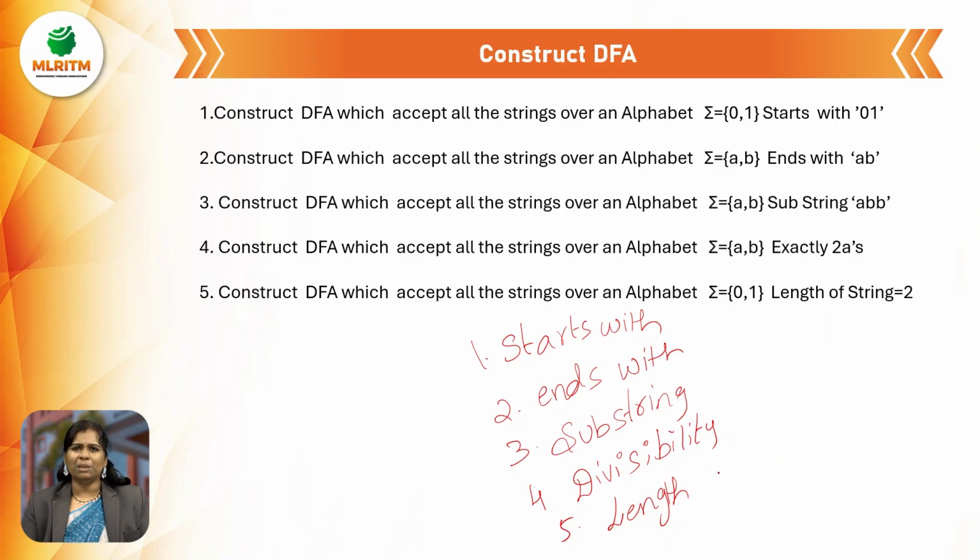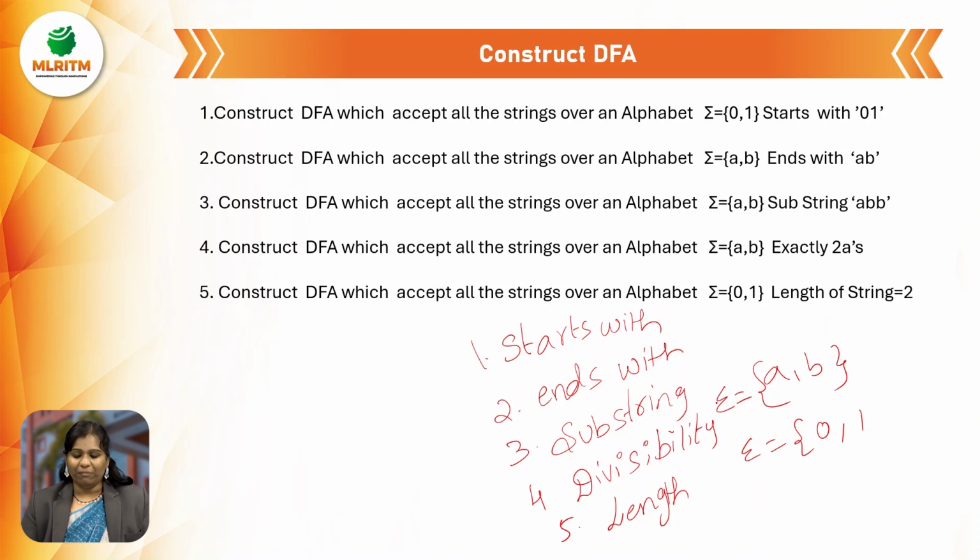If they give 3 input symbols, it has to use all 3. The input symbols may be A, B, represented as sigma equals {A, B}, otherwise sigma equals {0, 1}.